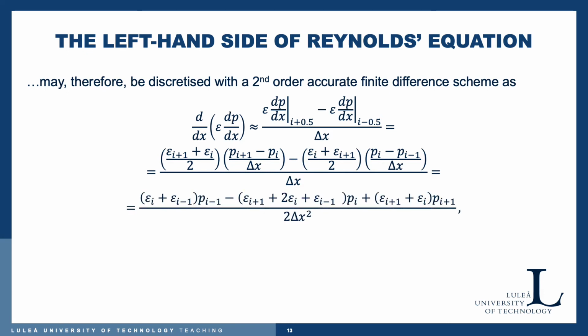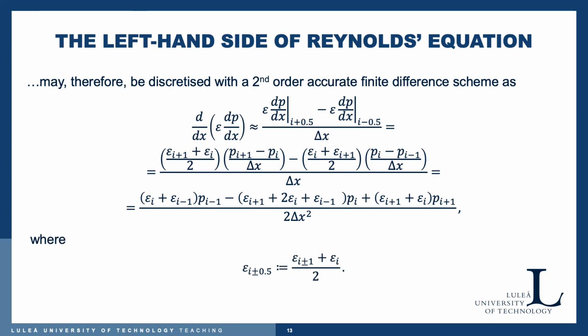Then we obtain this, which we of course can combine and write like we have here below, and we have three coefficients: for the pressure in the point x_i minus 1 we have one coefficient, for the point x_i we have another coefficient, and for p in the point x_i plus 1 we have the third coefficient. And all of this is divided by 2 delta x squared.